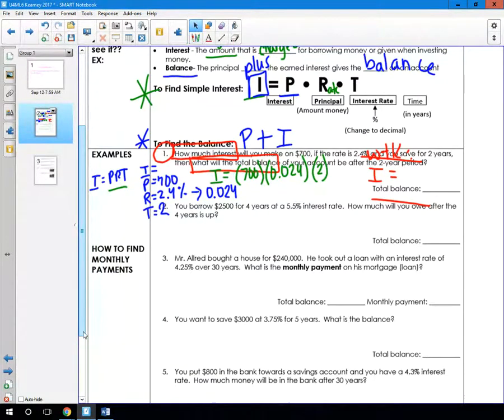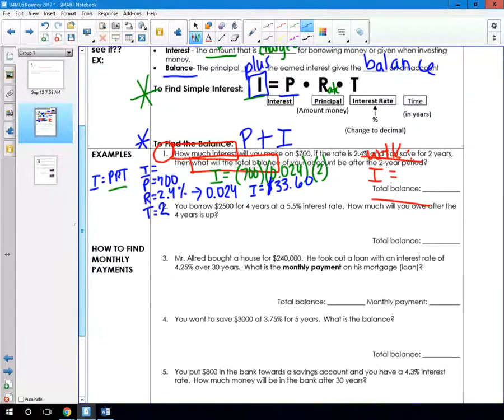Okay, so if you grab your calculator, literally you're just going to multiply straight across. So multiply 700 times 0.024, excuse me, times 2, and we get that the I is $33.60.